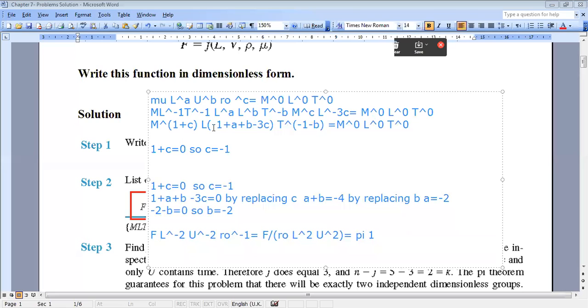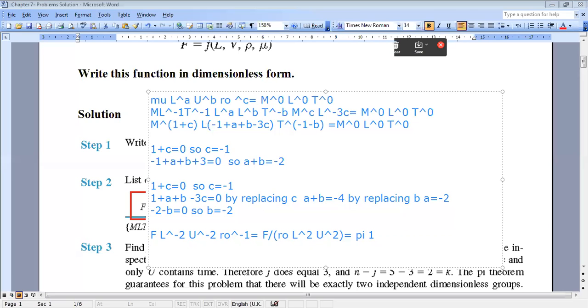Now, my second equation is for L. I have minus 1 plus A plus B, and if I replace C by its value directly, it's plus 3 equals 0. So here I get that for the second group, A plus B is equal to minus 2.